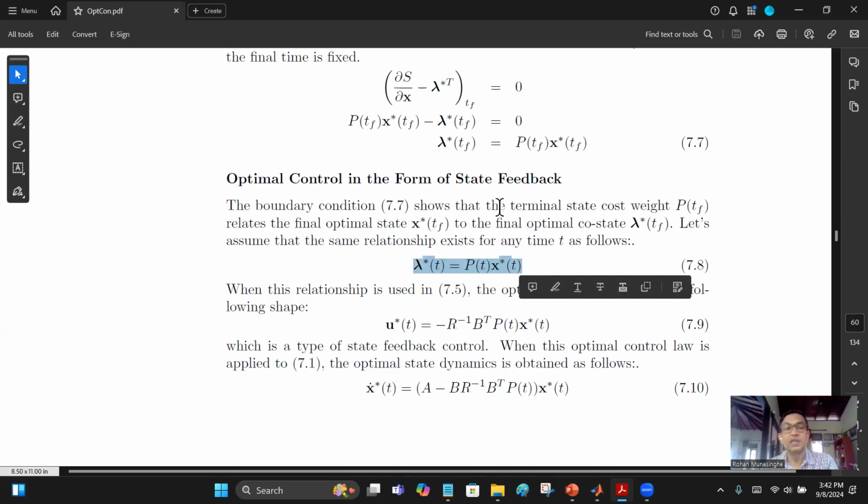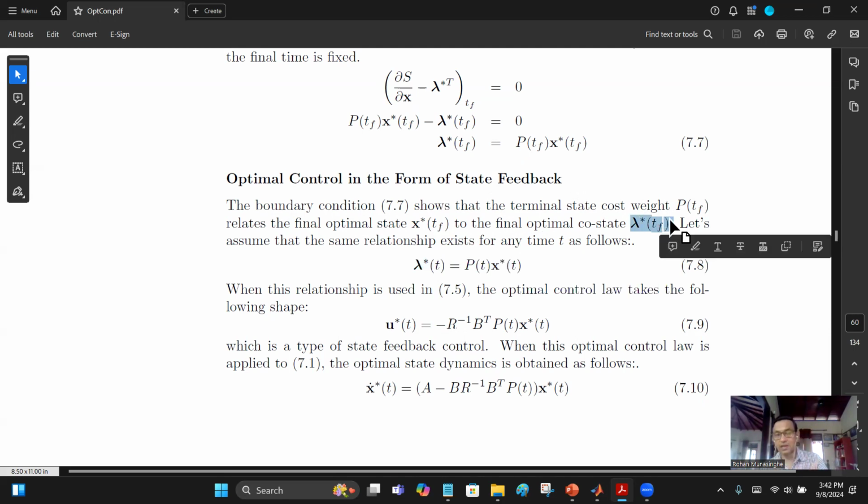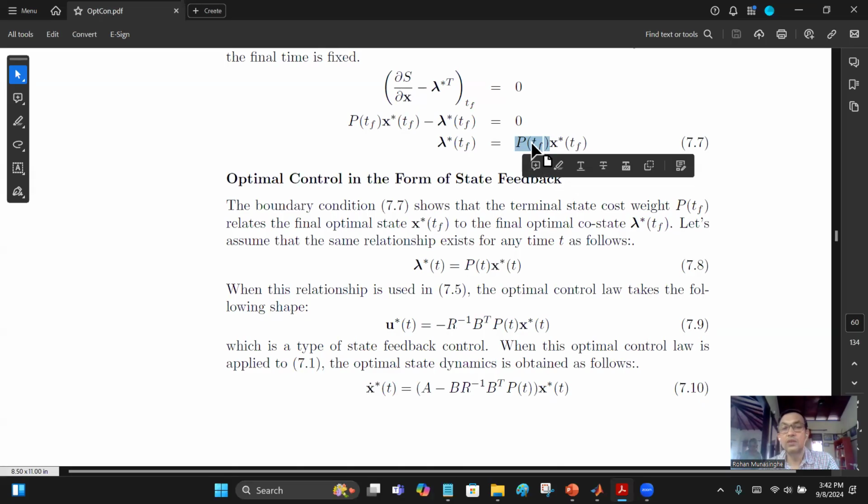The boundary condition 7.7 shows that the terminal state cost weight, PTF, relates the final optimal state to the final optimal co-state. Lambda, the Lagrange multiplier, is also called the co-state. So the final state cost relates the final state to the final co-state.